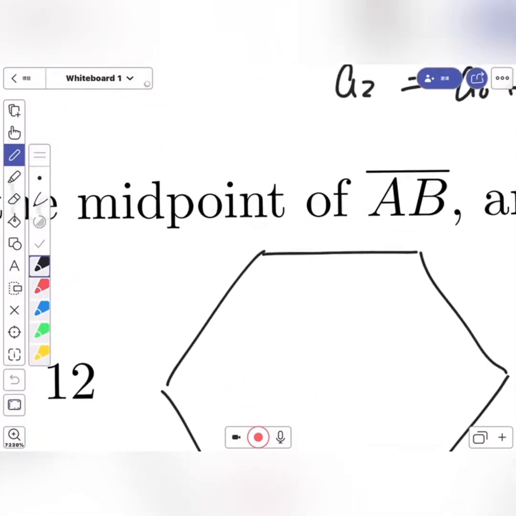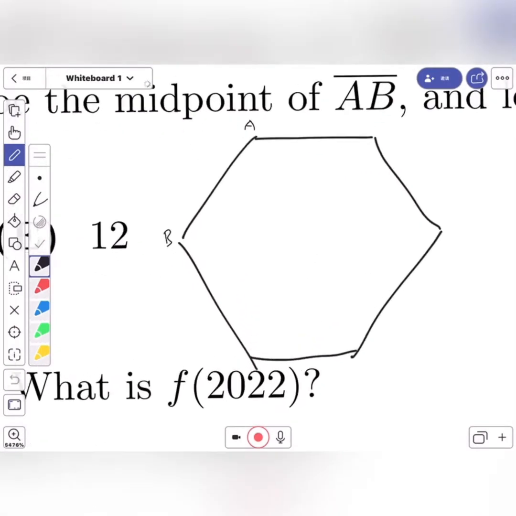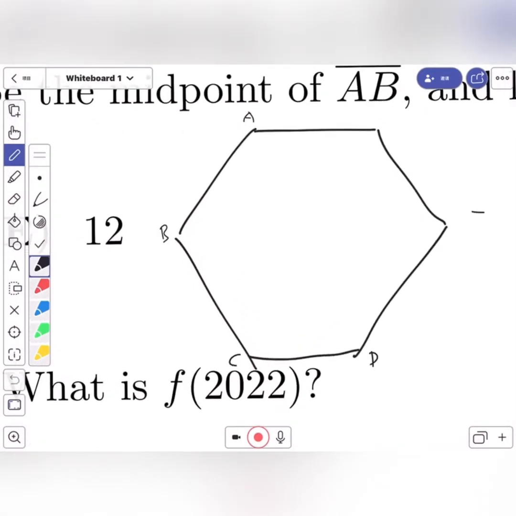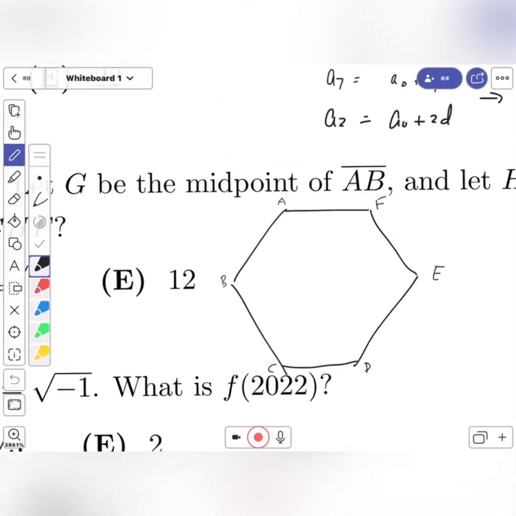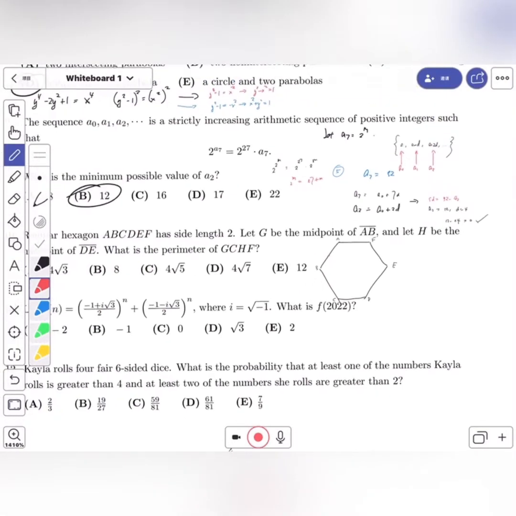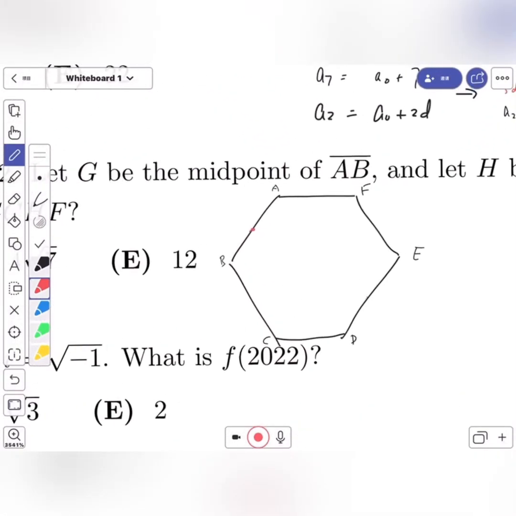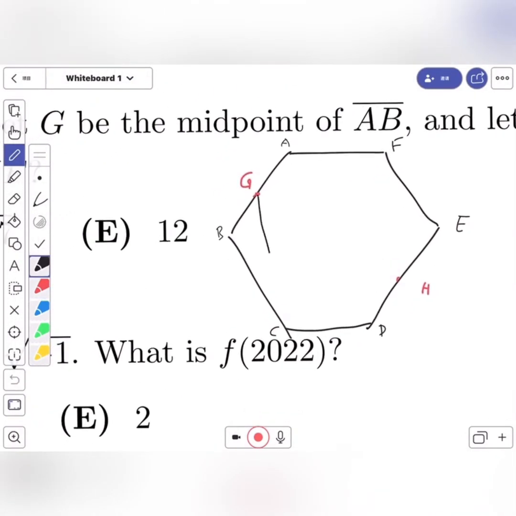So let's first just mark up all the vertices. Now let G be the midpoint of AB, and let H be the midpoint of DE. What is the perimeter of GCHF?